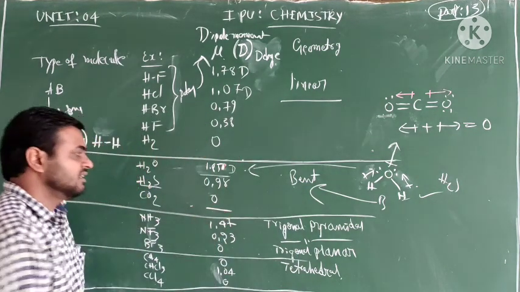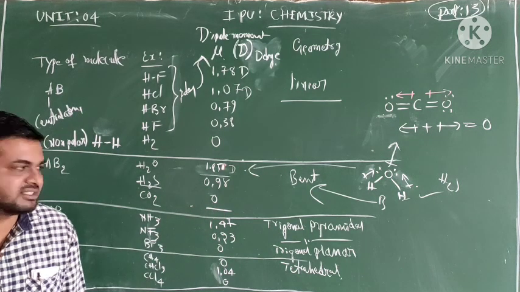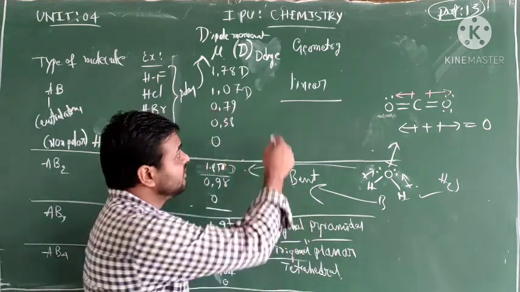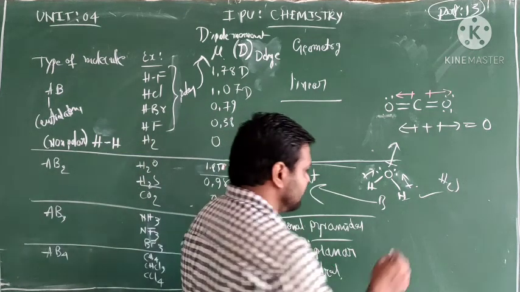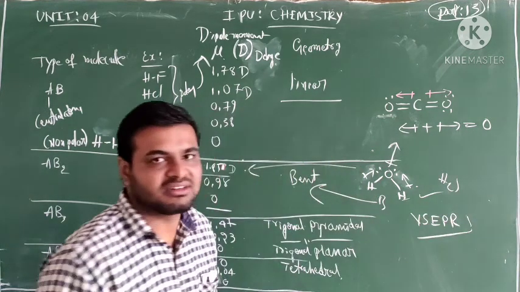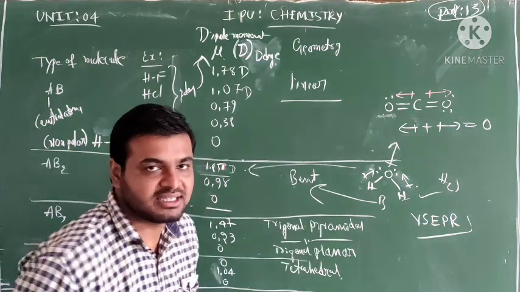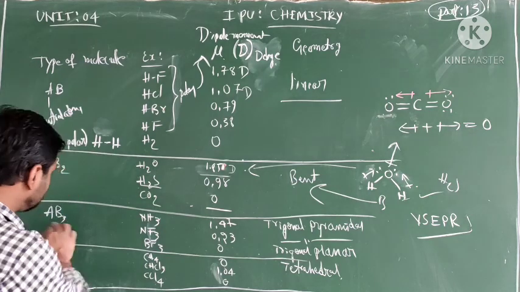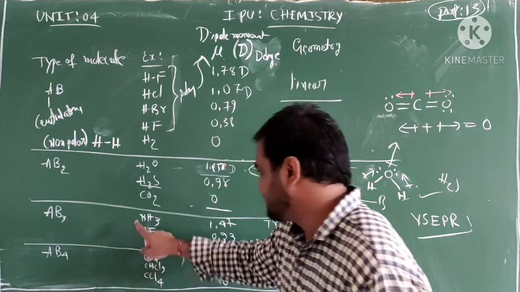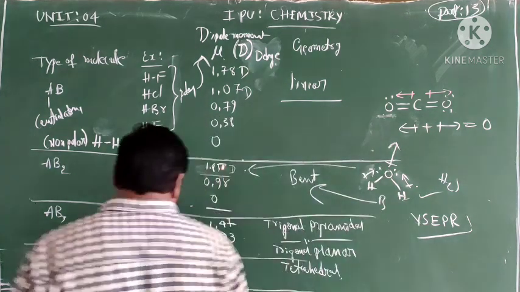That's why carbon dioxide has a dipole moment of 0. Clear? Later, in VSEPR theory, which is completely based on shape representation, we will study the geometry or shape of the molecules. Now going to the third type, AB3 type. In AB3, A can be nitrogen, here also nitrogen, and here BF3.